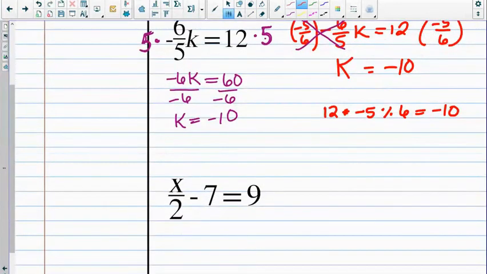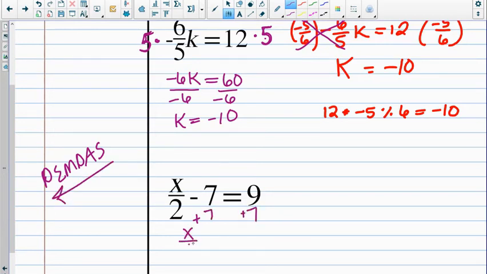Here's one that's more than one step. I have division, I have subtraction. So I need to really think about which thing I can do first. PEMDAS backwards. Maybe you need to write it over here for yourself. I need to add and subtract first, because remember, I am working this backwards. I'm going to add 7 to both sides.